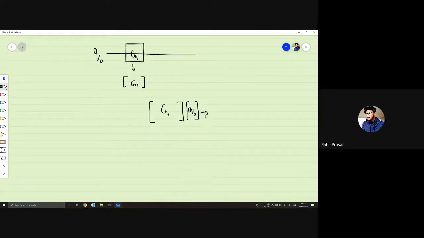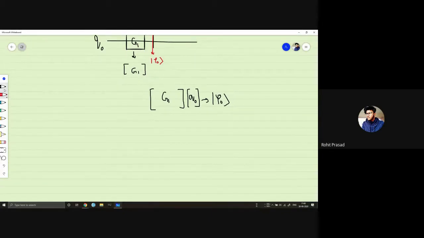Let's call the result chi naught. Here the state has been converted to chi naught.